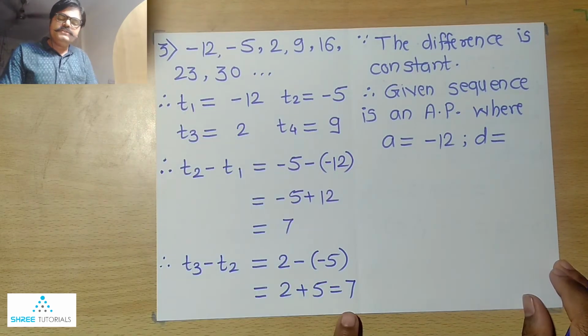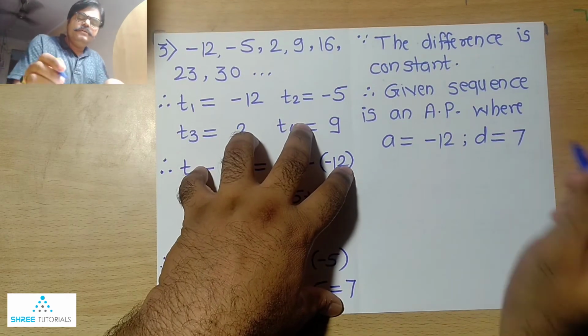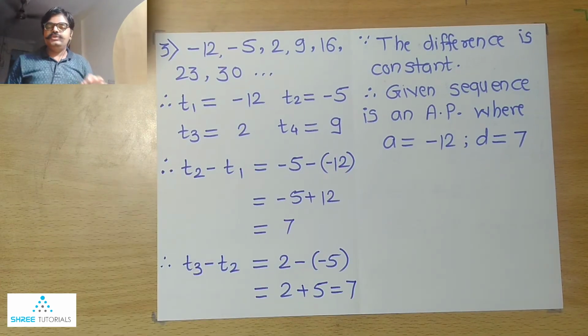What exactly is the common difference we have got? That is 7. So this given sequence is actually an AP.